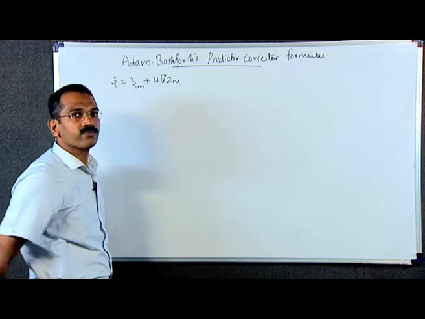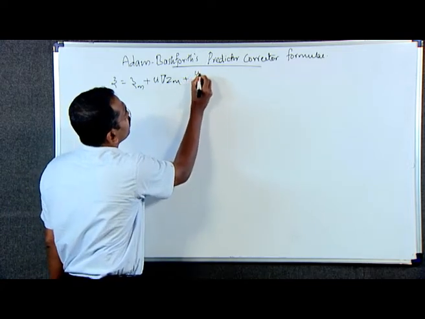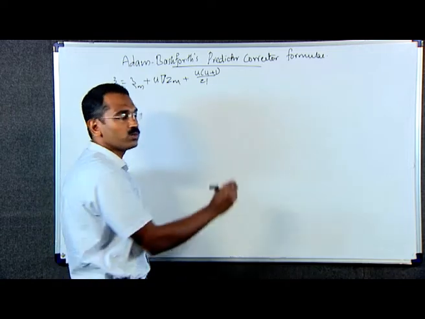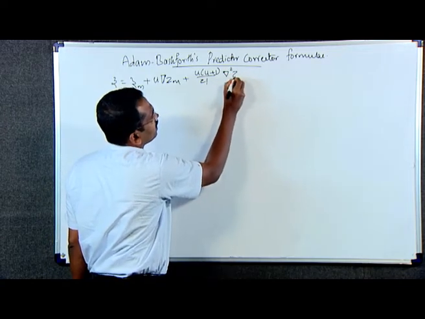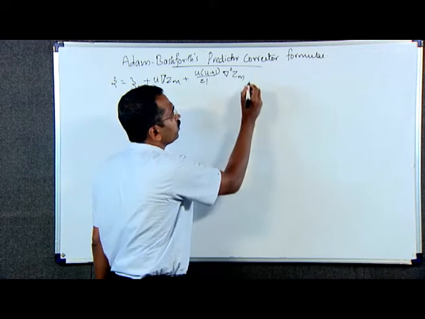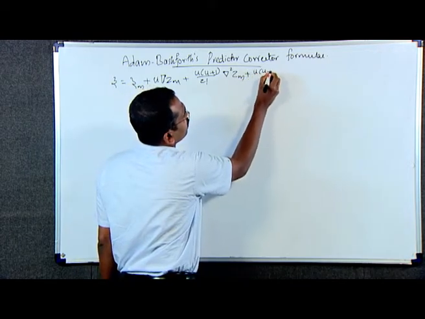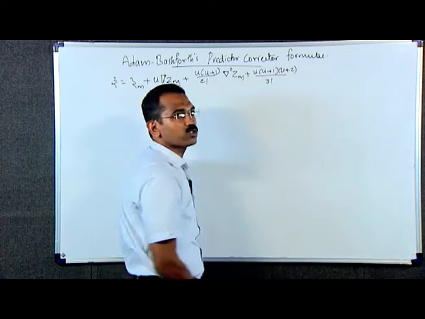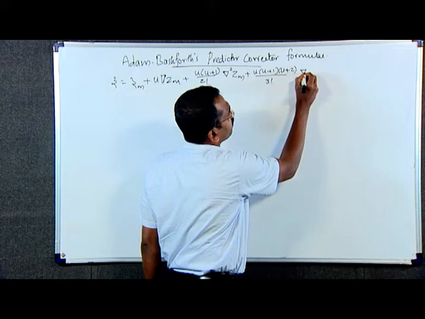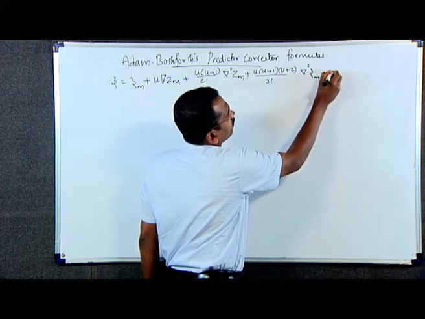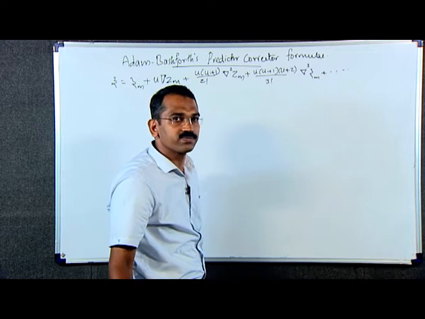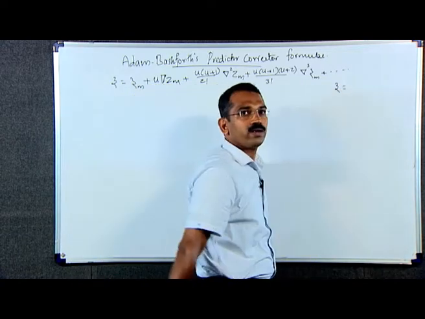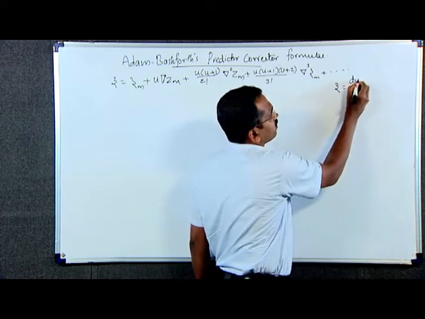Plus u into u plus 1 divided by 2 factorial into del square Zm plus u into u plus 1 into u plus 2 divided by 3 factorial into del cube Zm plus etc.